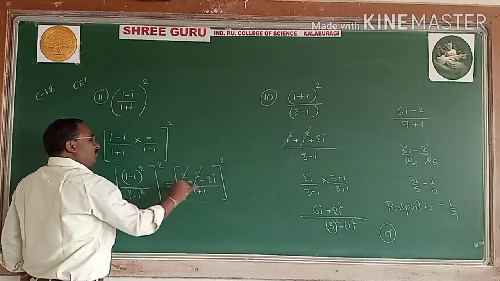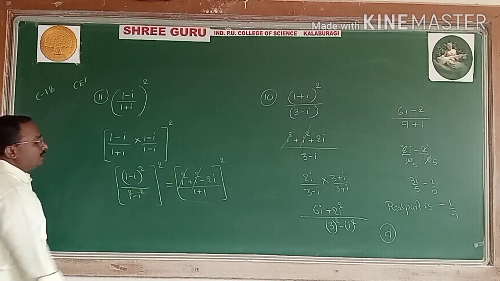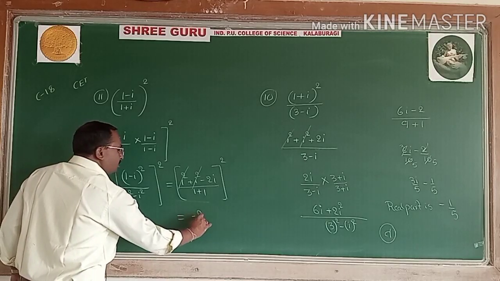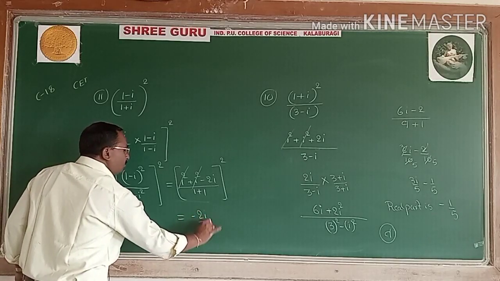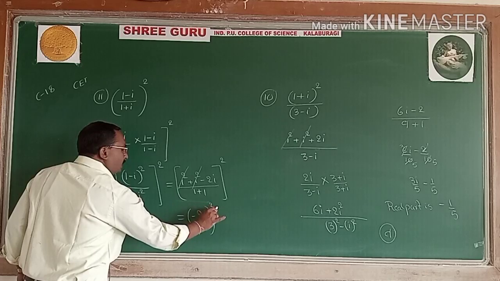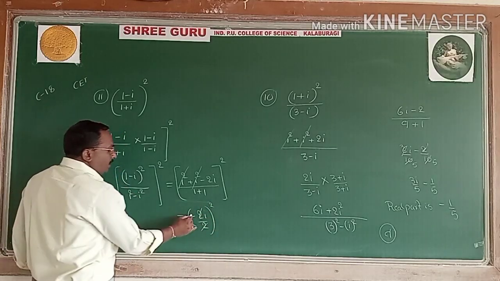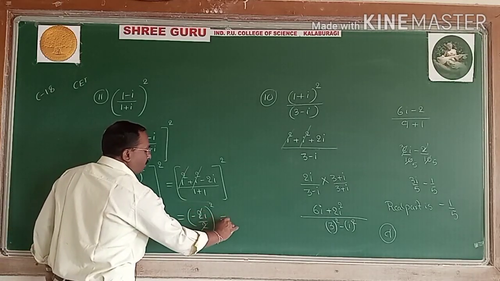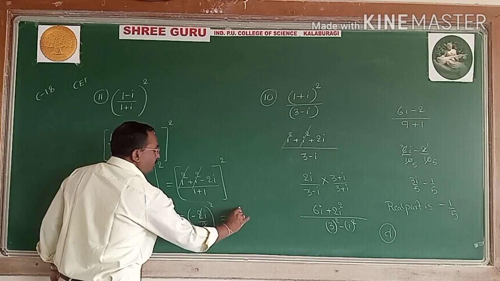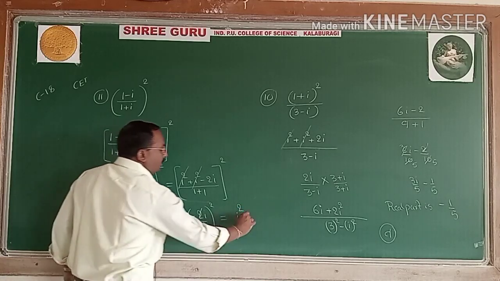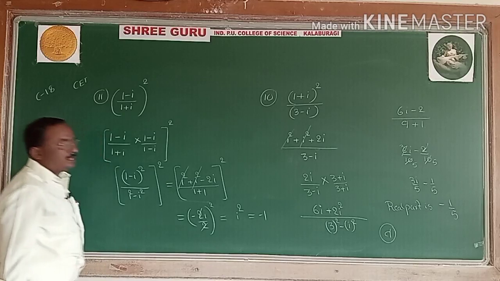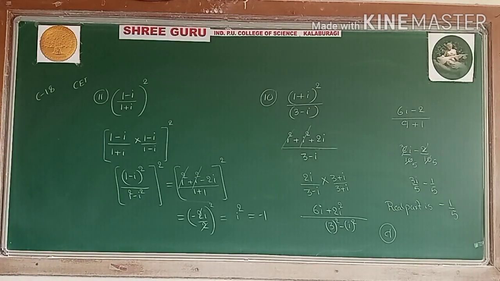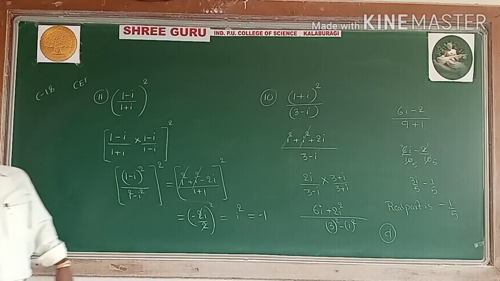I square value is minus 1, so plus 1 minus 1 gets cancelled, leaving minus 2i by 2 whole square. The 2s get cancelled. Negative square is always positive, and the remaining i square value is minus 1.